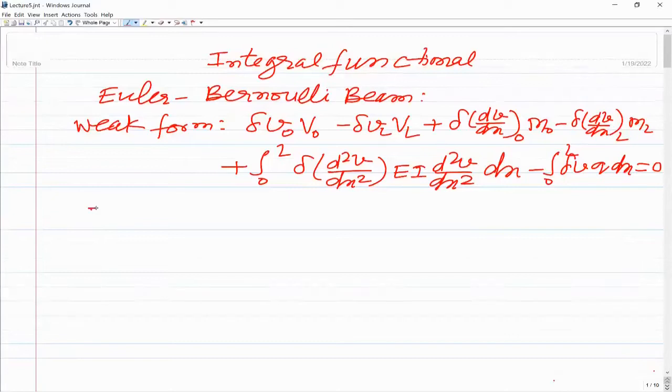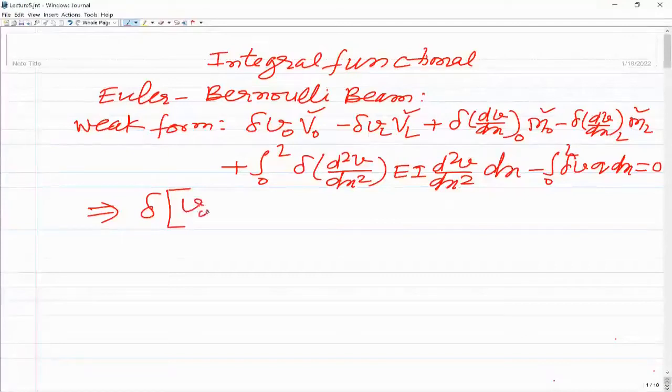Now in this problem, we take the variational operator delta common. Delta is an operator. Keep in mind that this is not a quantity, but an operator. As I explained last time, we are treating V naught, V L, M naught and M L as known quantities, so their variation is 0. So from these terms we can simply take out the delta common.